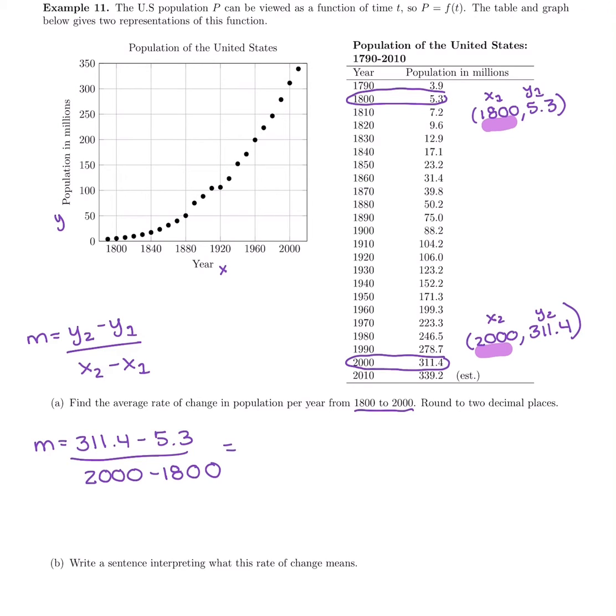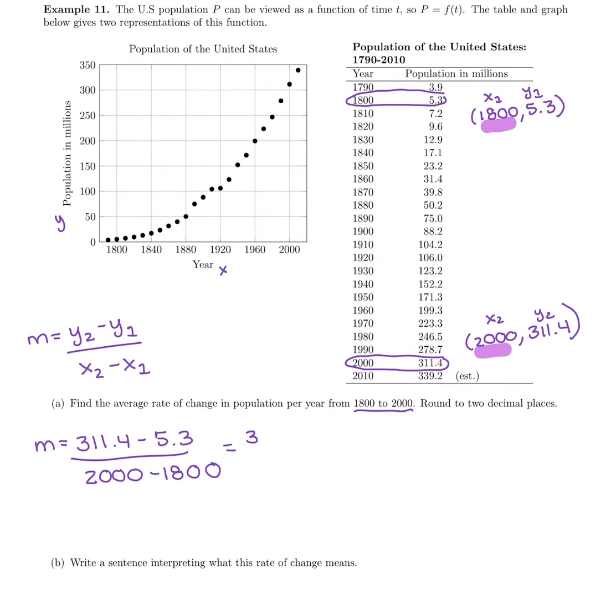And so I'm just going to grab my calculator and do 311.4 minus 5.3, which is a difference of 306.1 million people, is what that numerator is measuring, divided by the difference between those years. So I'm going to do 2000 minus 1800, so that's 200-year difference.